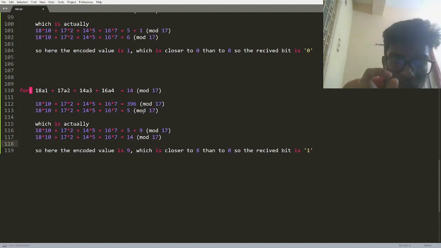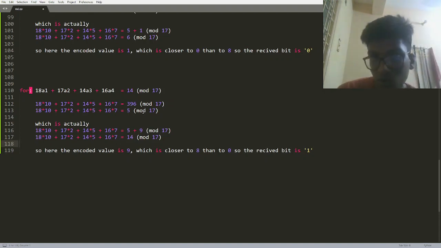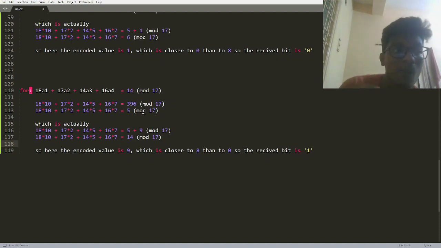So by identifying what that error is, and whether it is close to 0 or close to half of Q, we can identify whether he is sending me 0 or 1. So this is the encryption technique. But only I will be able to identify this, because only I have the private keys which are the solutions for the 4 variables.